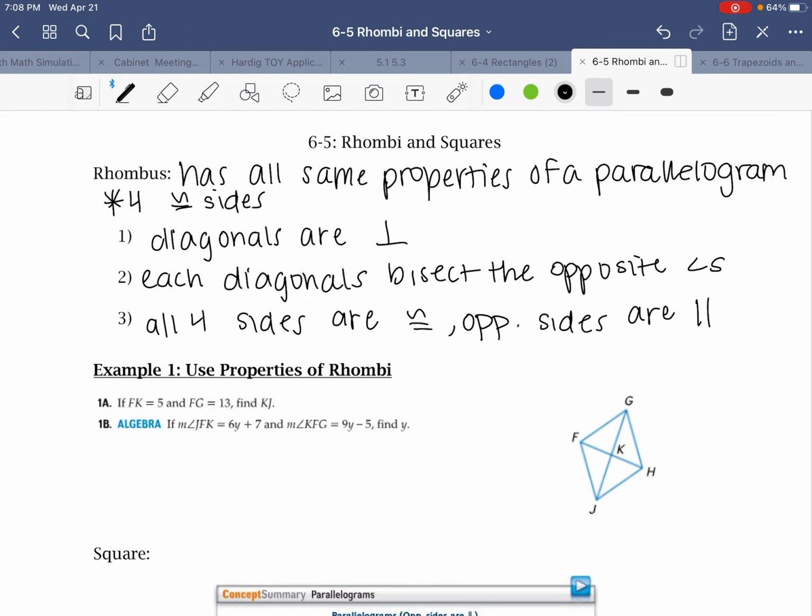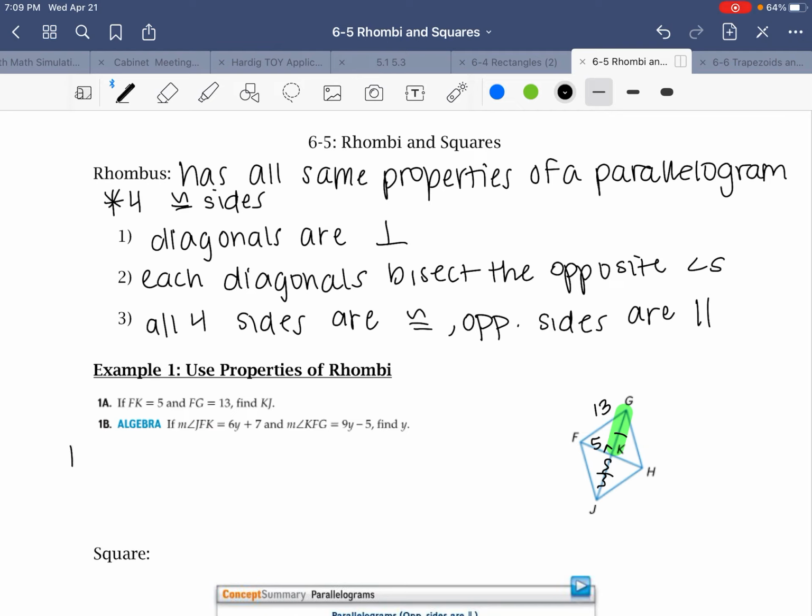So when we take a look at example 1, we want to use those properties of rhombi. We know that FK is 5 and that FG is 13. We want to find KJ. So we're looking for right here. And I know that these diagonals bisect each other, and I also know that they intersect at a 90-degree angle. So to find GK right here, I can use Pythagorean theorem.